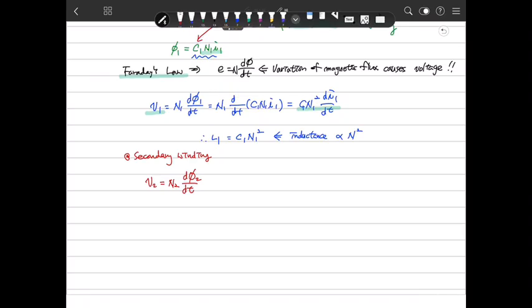Let phi2 be the flux coupled in the secondary winding. We define that as Cm N1 I1. Why do we not use C1?